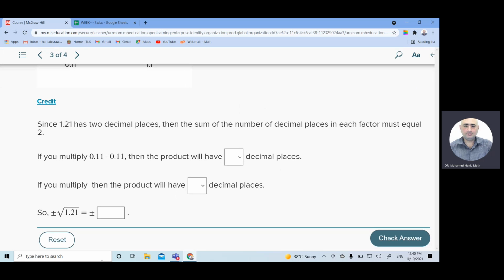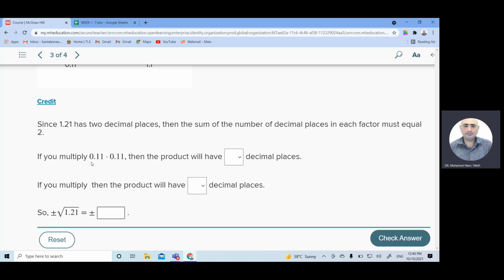Right. Listen to me, please, here. Since 1.21 has two decimal places, as you see the point here after two digits, the sum of the number of decimal places in each factor must equal two.